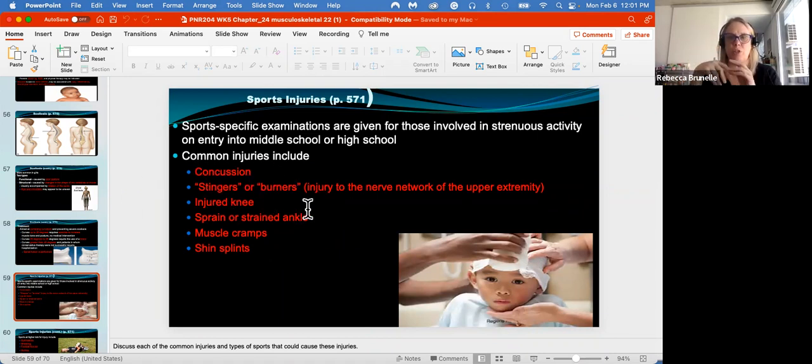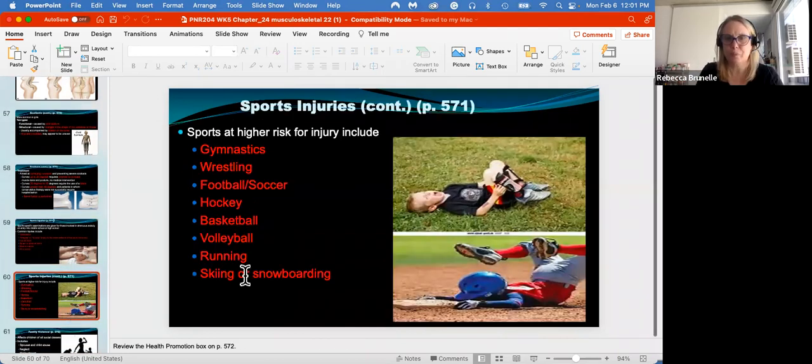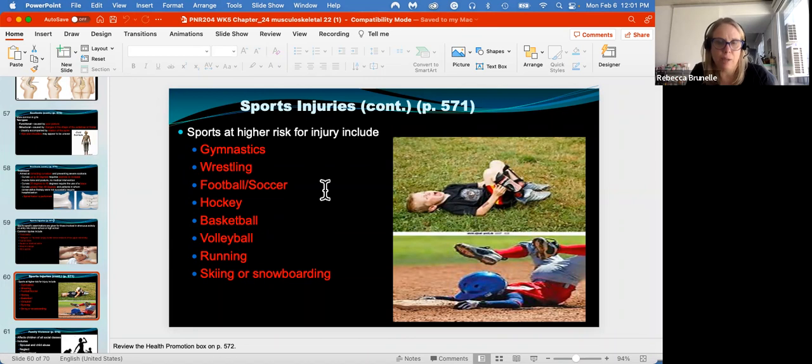This usually refers to damage to the nerves, like a baseball player who has been hit multiple times with a baseball might have a stinger or burner, which is a nerve injury that stings, and it's going to be in your upper extremity. These are some of the sports where you're going to be worried about a greater risk for injury.